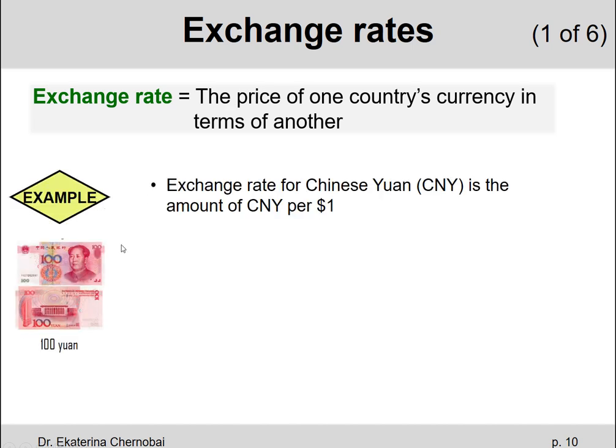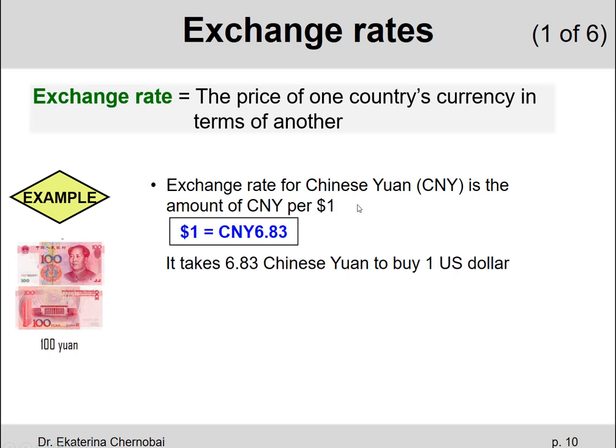As an example, let's say we are looking at the exchange rate between the US dollar and the Chinese yuan, CNY. The exchange rate for Chinese yuan is the amount of Chinese yuan per $1, because it's really the price. And let's say that's 6.83 Chinese yuan per $1.